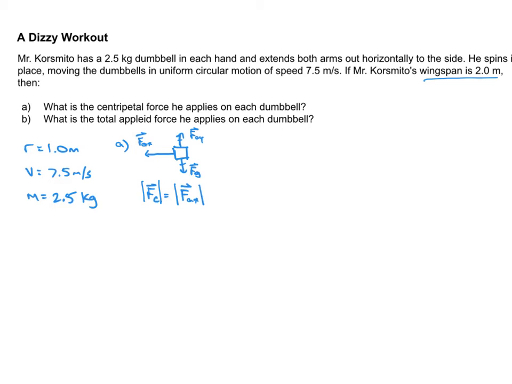Okay, so let me say that it equals the net force. I want to write this because I know that the net force equals ma due to Newton's second law. And now centripetal acceleration is equal to v squared over r for uniform circular motion. So that derives the centripetal force.